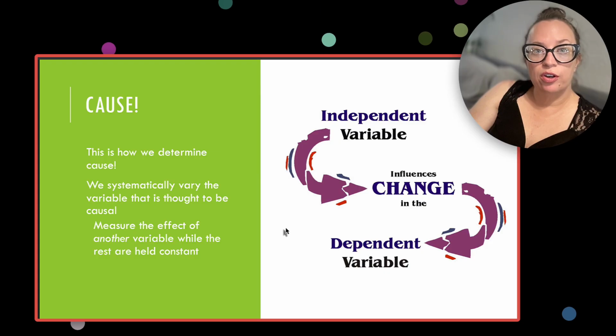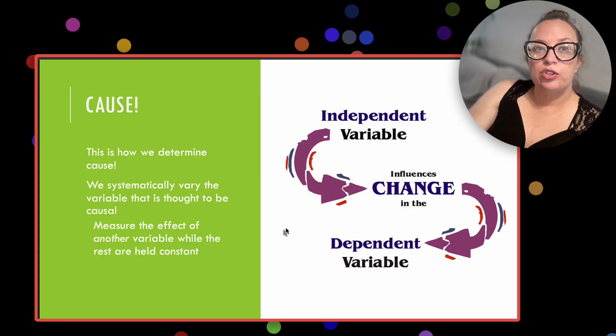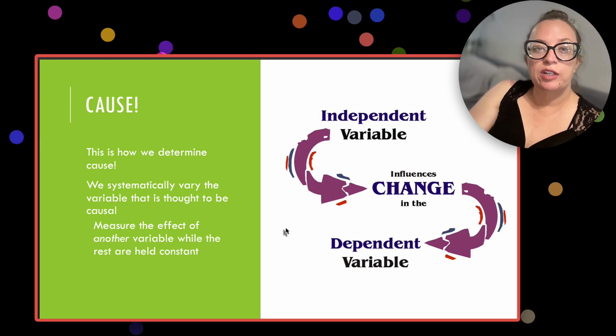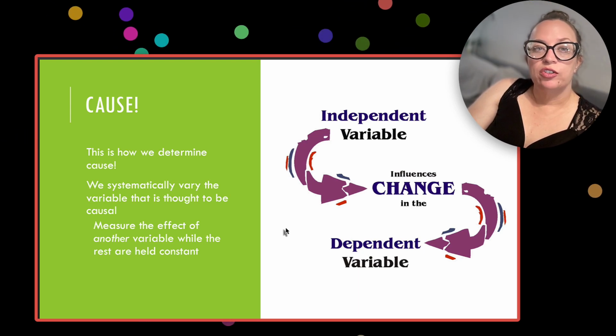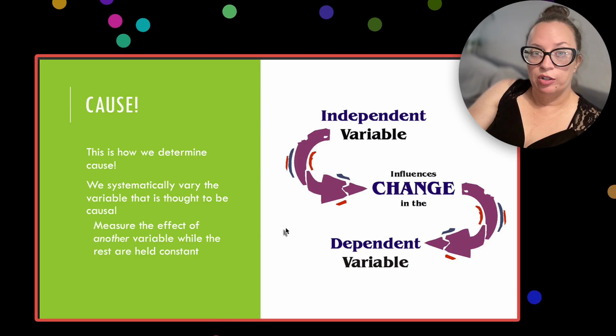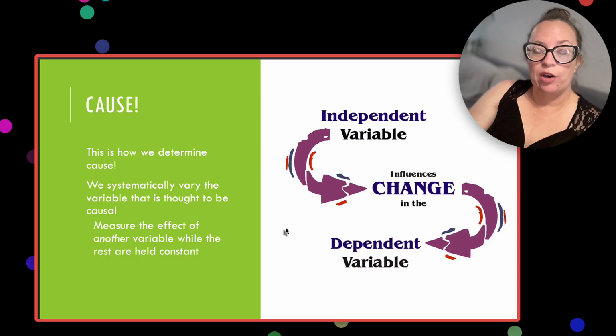But experiments are the last and sort of gold standard of research because what we do is we isolate an independent variable, try and manipulate it in some way, and look at a change on an outcome variable. Remember that our independent variable is a predictor, our dependent variable is an outcome.